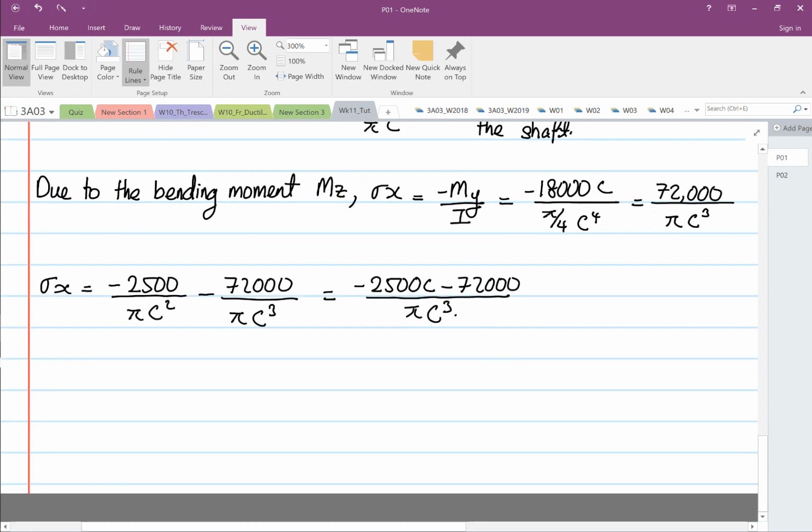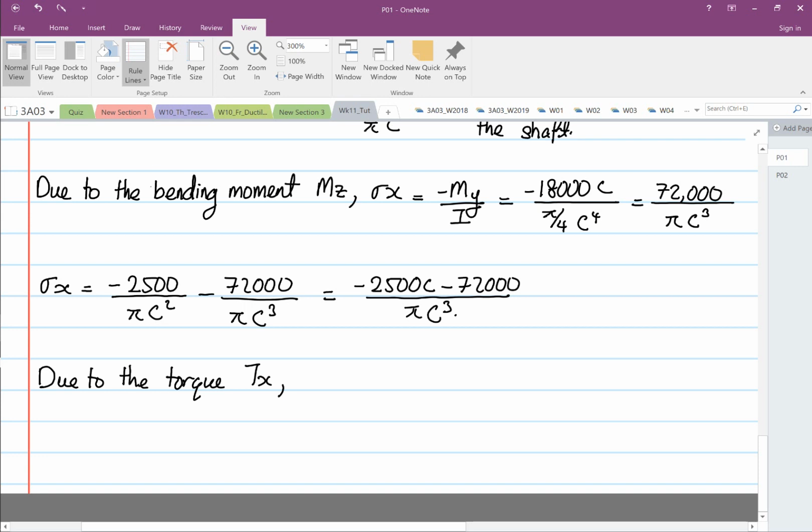Okay, then we also next we're going to find due to the torque, which is Tx.